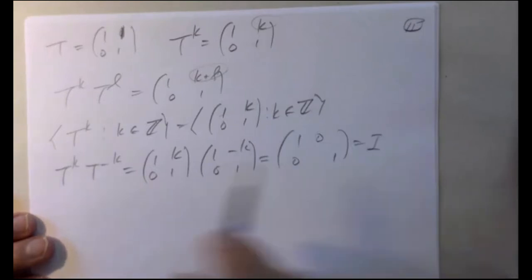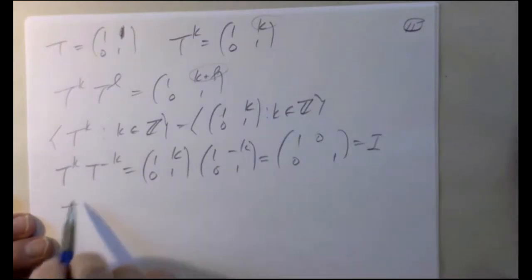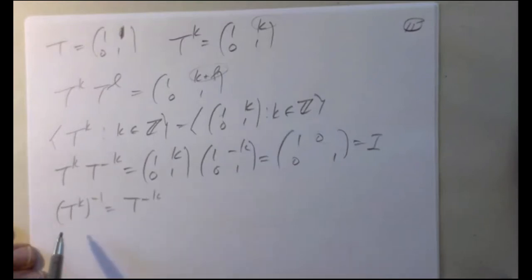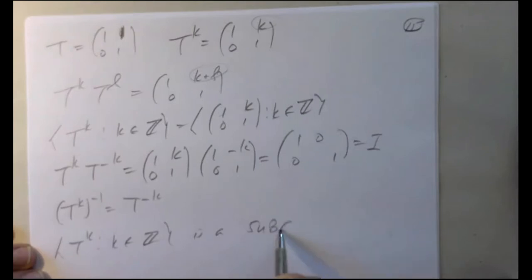That's the identity. So the inverse of T to the k is T to the minus k, and the set of all the powers of T is a subgroup of the group SL2Z. Right? A subgroup of a group is a subset that contains the identity of the group, is closed under multiplication, and contains the inverse of each of its elements.